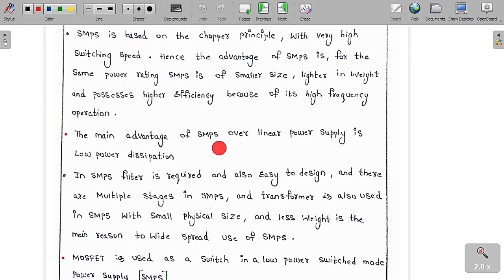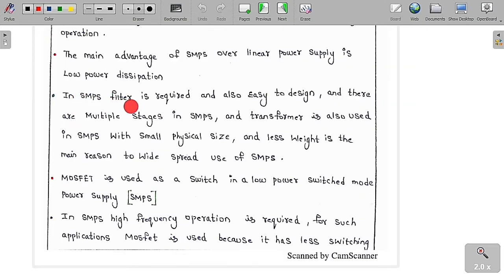The main advantage of SMPS over linear power supply is low power dissipation. In SMPS, the amount of power dissipation is very low when compared to a normal power supply. SMPS filters are required and are also easy to design. There are multiple stages in SMPS, and a transformer is also used in SMPS with a small physical size and very low weight.